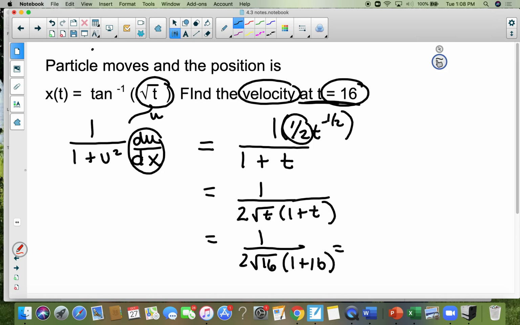And this is going to be 1 over 2 times 4 times 17, which ends up being 1 over 136. Okay, let's do another one.